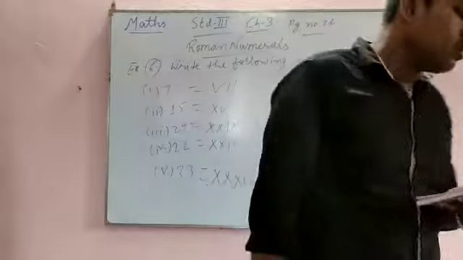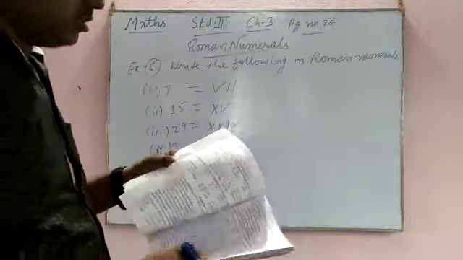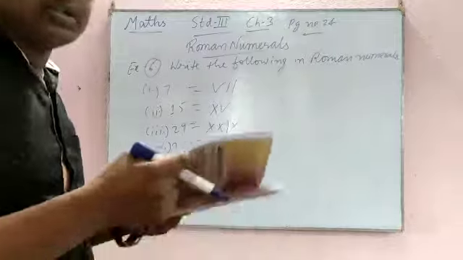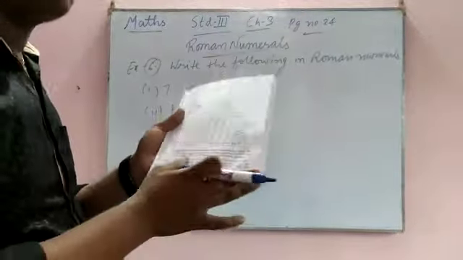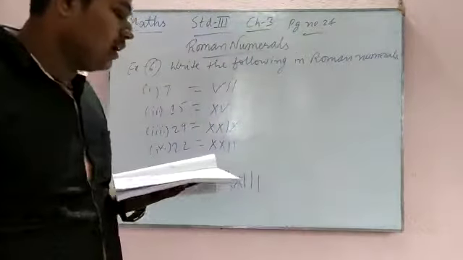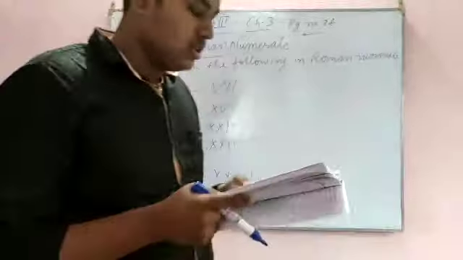Question number 3 is write the following number using Urdu numerals. So you have to take the help of page number 21. These are the Urdu numerals on page number 21. You have to see and you will get the answer. Now in question 4, write the following Urdu number in words, that is already explained.